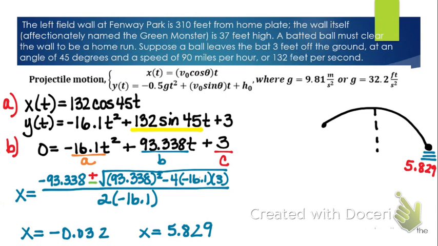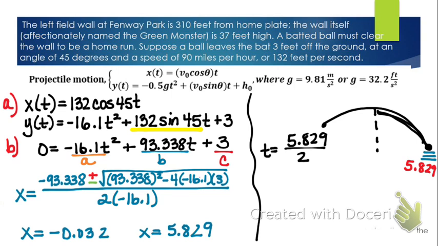So the first thing we need to do to find the maximum height is figure out t in the middle. To find t in the middle, we're going to take 5.829 and divide that by 2. And that's going to give you 2.915 seconds.